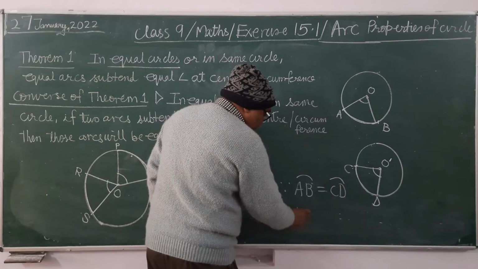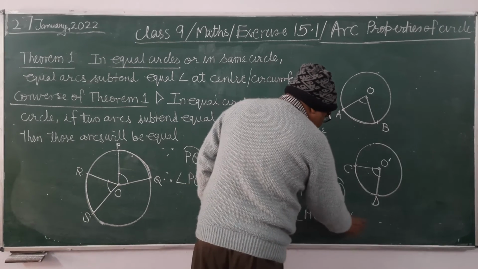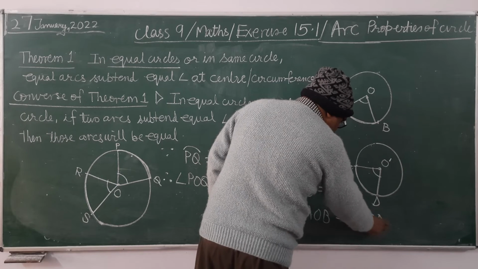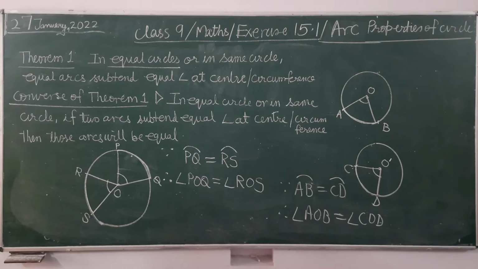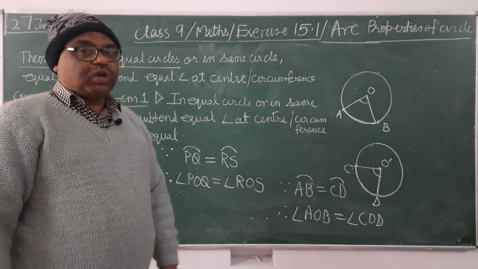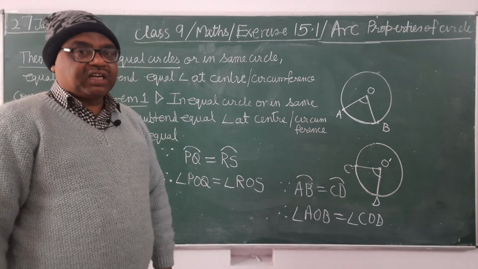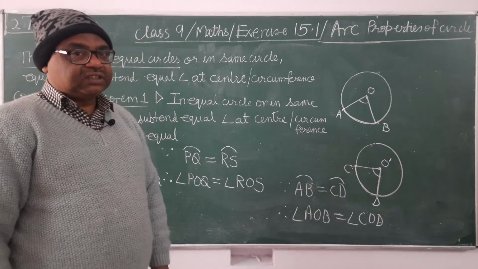Therefore, angle AOB equals angle COD. So this is the first theorem. In equal circles or in the same circle, if two arcs are equal, then they will subtend equal angles at the center. They will subtend equal angles at the circumference.